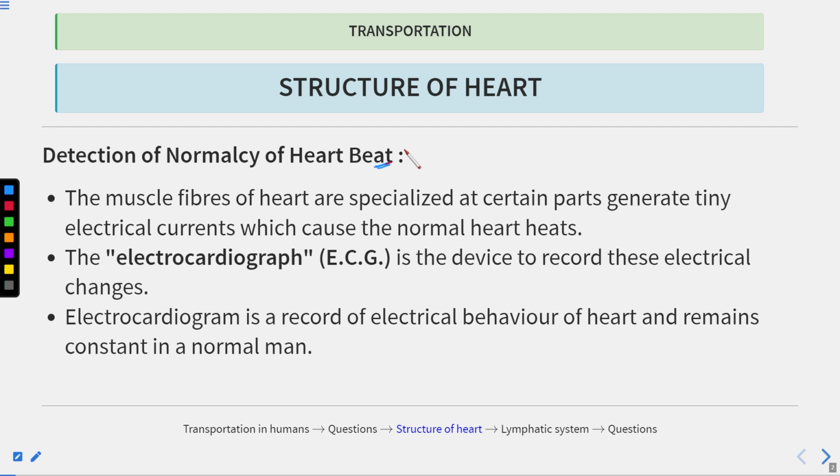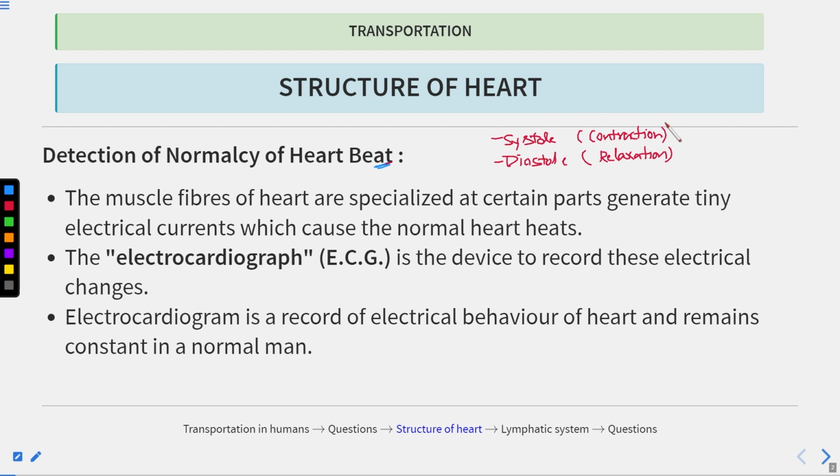Whenever the heart contracts, that is known as systole, meaning the contraction of the heart muscles. And then we have the diastole, which means the relaxation of the heart muscles. During systole, systolic pressure is generated, and during diastole, diastolic pressure is generated.